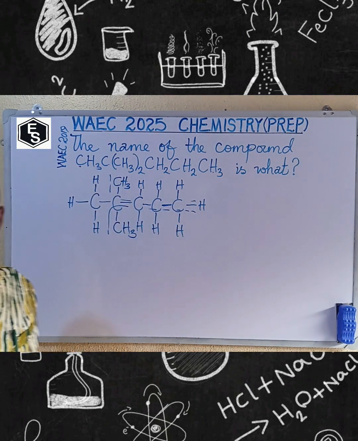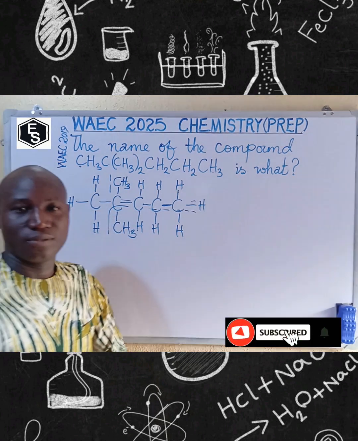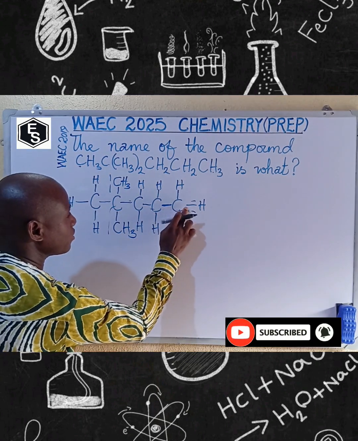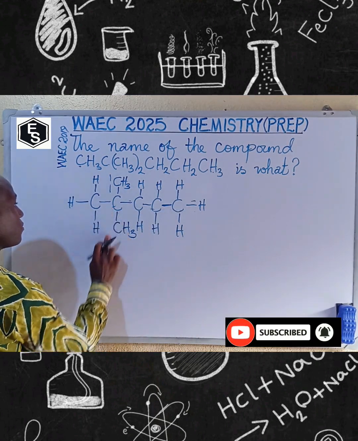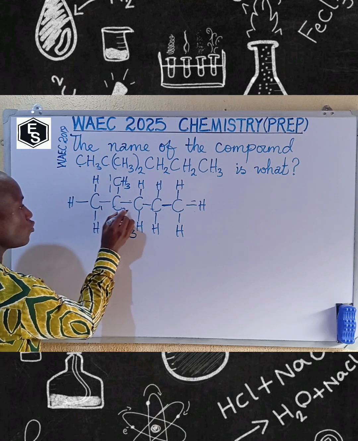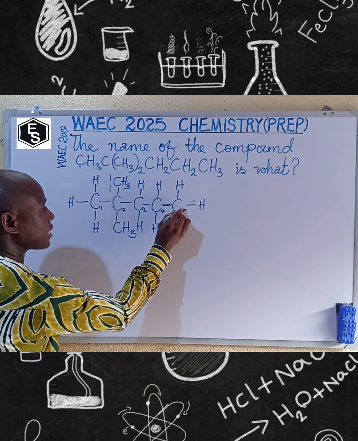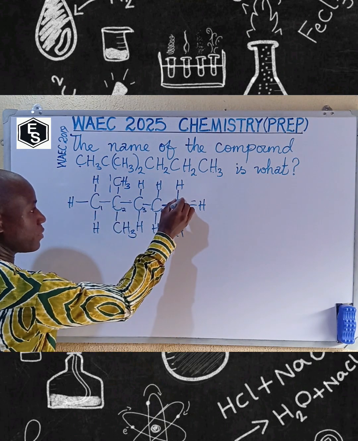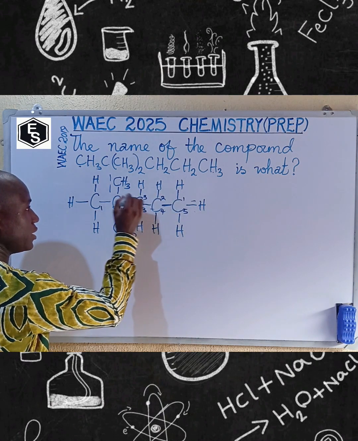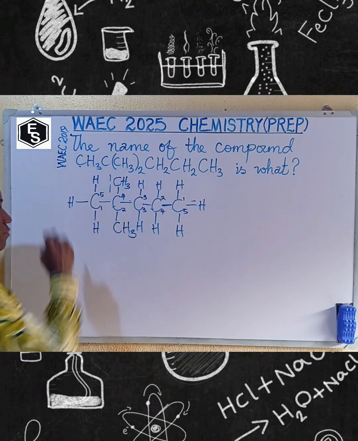But for simplicity's sake, we just make it straight. Is that clear? Numbering, we have this as carbon 1, carbon 2, carbon 3, carbon 4, and carbon 5. As well as this can be carbon 1, carbon 2, carbon 3, carbon 4, and 5.